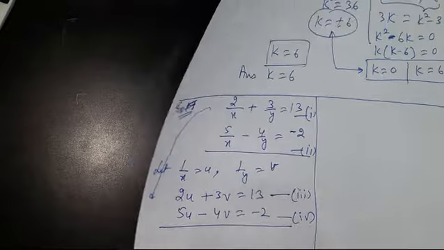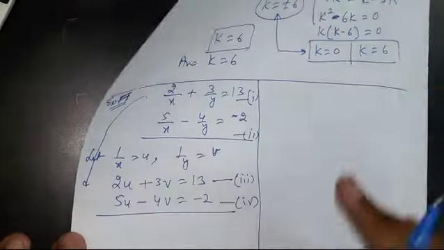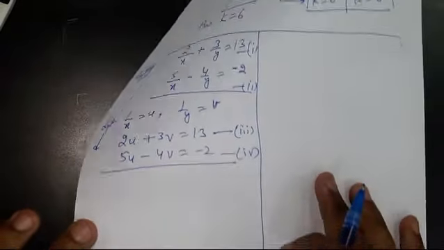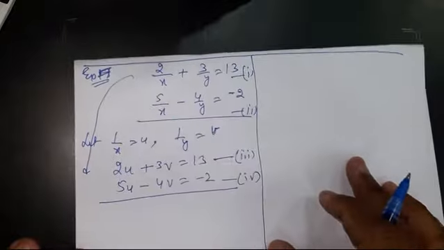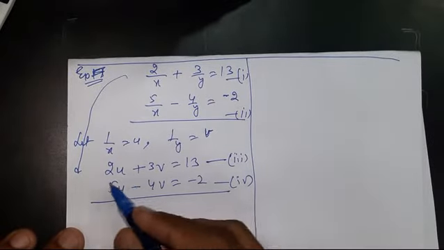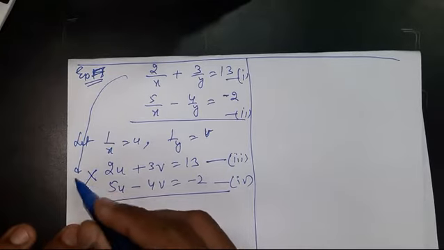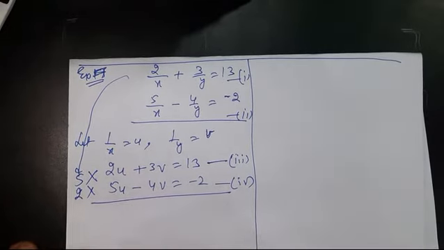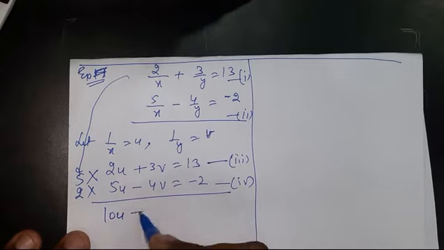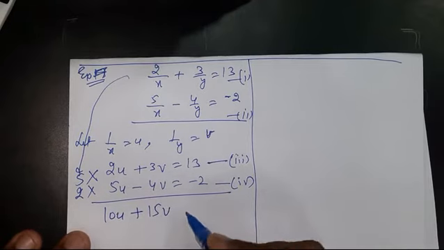So what you will do, just use the elimination method over here. In this elimination method, just equalize the coefficients of u. So multiply by 5 and multiply by 2. So you will get 10u plus 15v, that comes out to be 65.